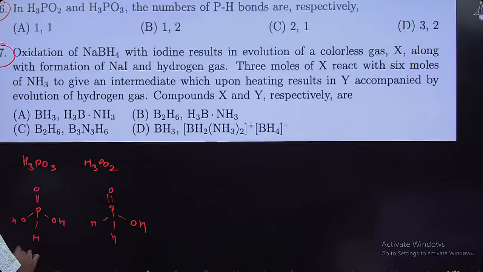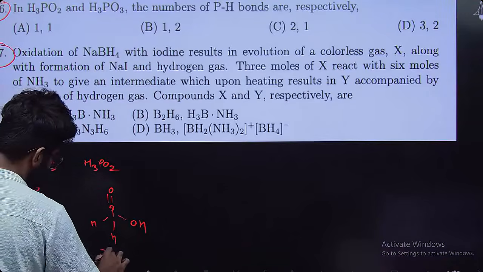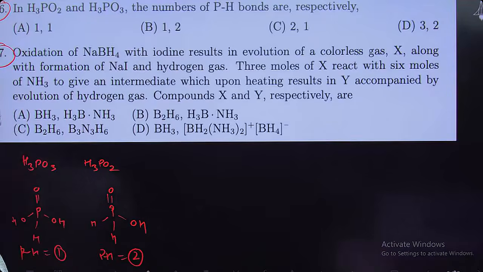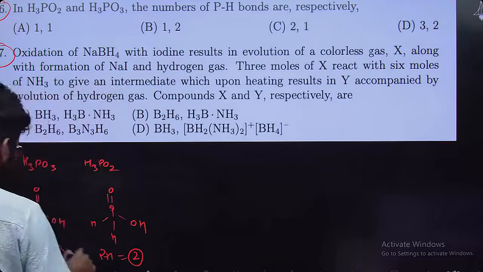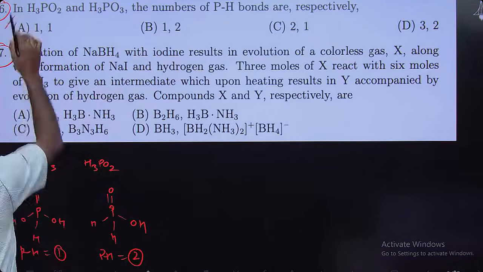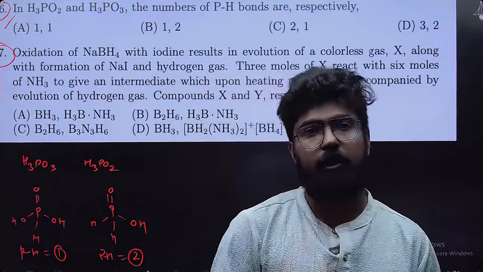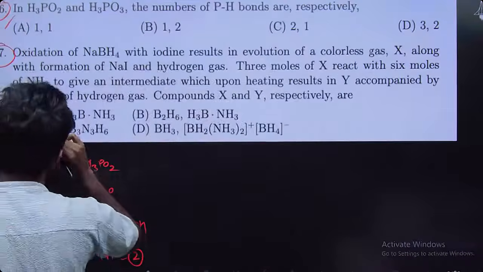So the number of P-H bonds is 1, and here the number of P-H bonds is 2, right? So if you try to see this question and the first question of IIT 2023, you will see something magical, right?